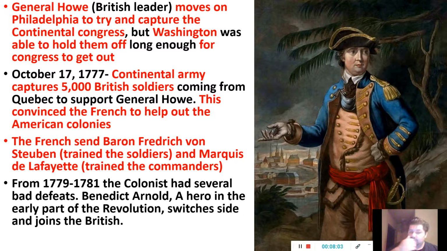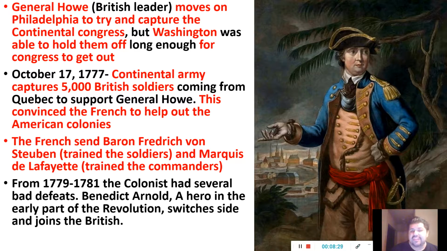There's like a path. Well, the Continental Army knows they're coming through, so they set up like a little ambush for them and capture 5,000 of the best soldiers in the world. The British soldiers, they capture them. Okay.